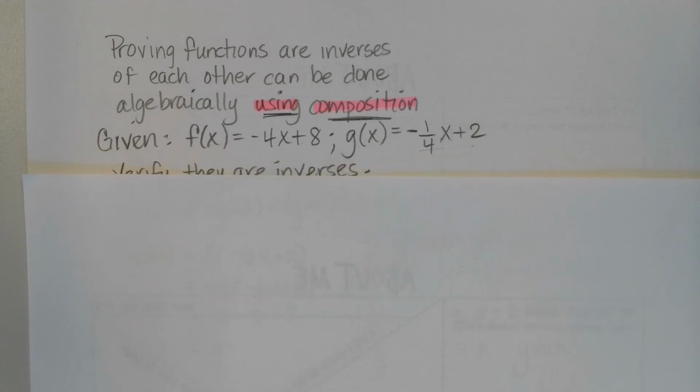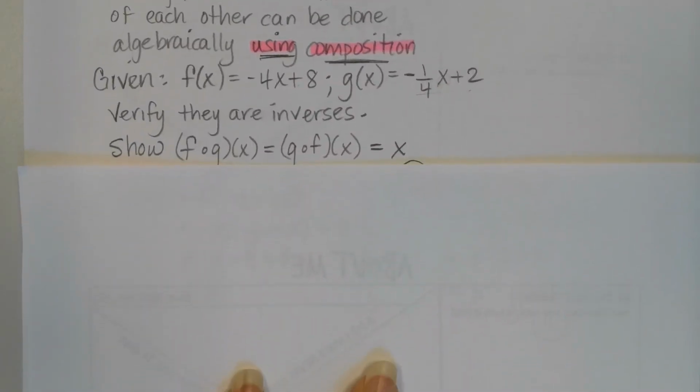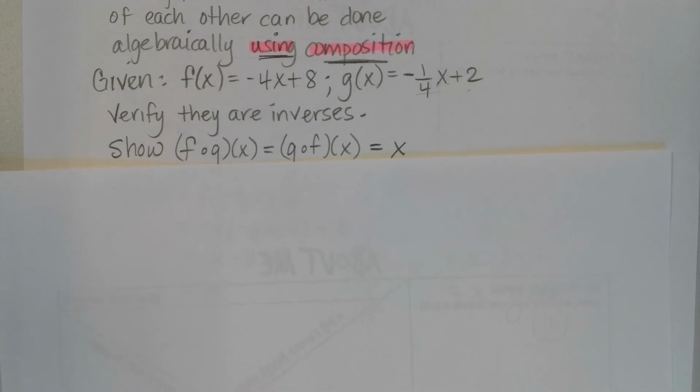So here's what we're going to try and do. We need to verify that these are inverses. So keep taking notes here. I need you to show me that if you compose both of these functions, both of them are going to end up equaling x. And I need you to compose them in both directions.